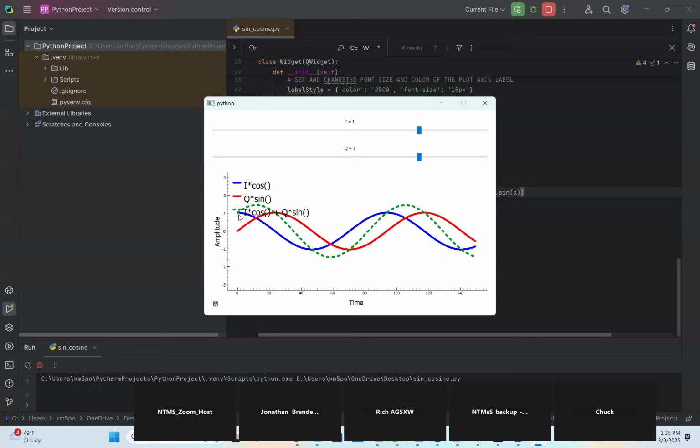So we can see that the cosine starts at 1, which it should, while the sine, the red graph, starts at 0, which it should. So you're seeing cosine and sine go through its first period here. Now, the addition of the two is resulting in the green dotted line.